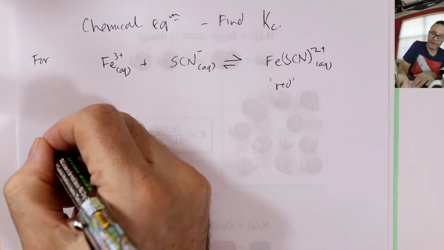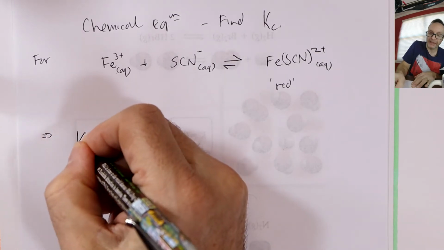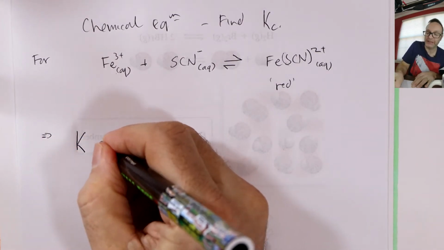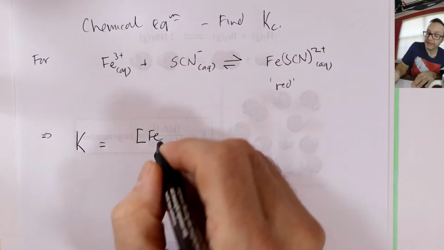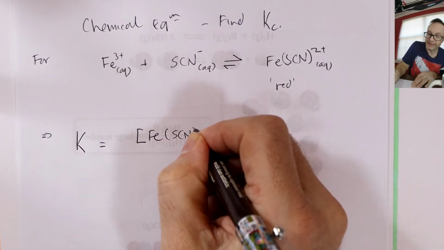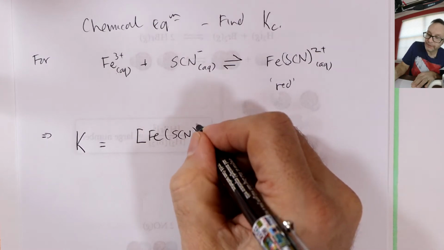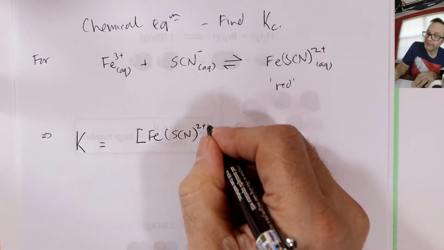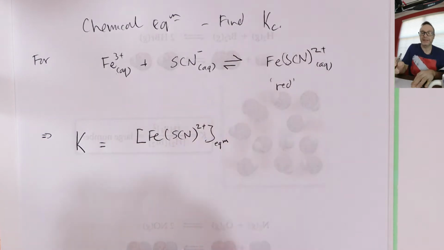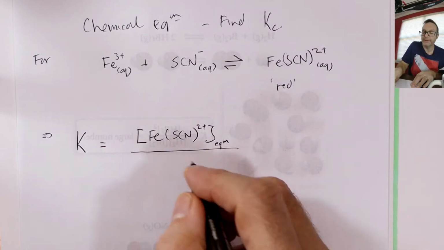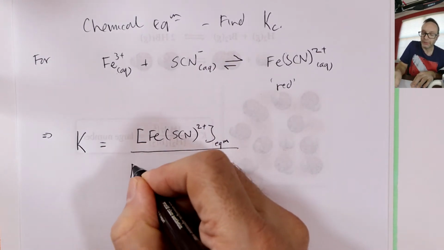Therefore K, I'll skip the C, equals products: the concentration of [FeSCN]2+ at equilibrium. It's important to understand that K is measured at equilibrium, and you may ask why I'm saying that.